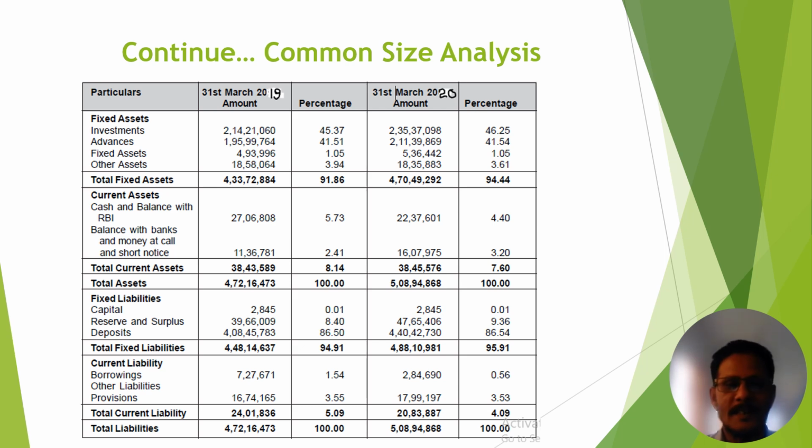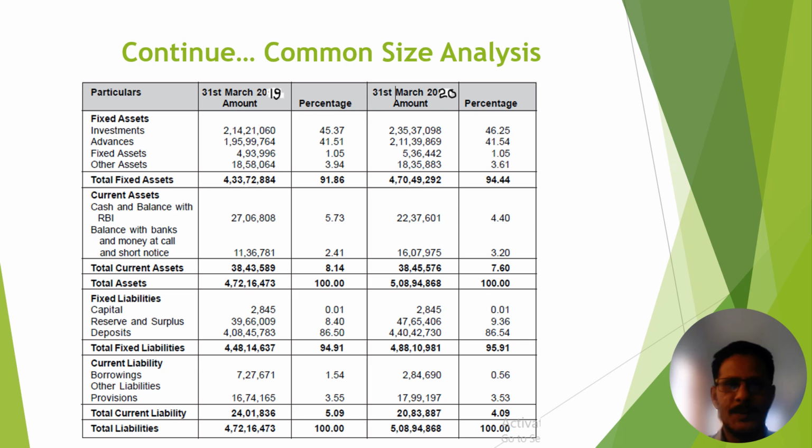Now again, the total current liabilities are 24,01,836. We convert this to percentage, it is 5.09%. In the same way, you can apply this to the 2020 balance sheet.